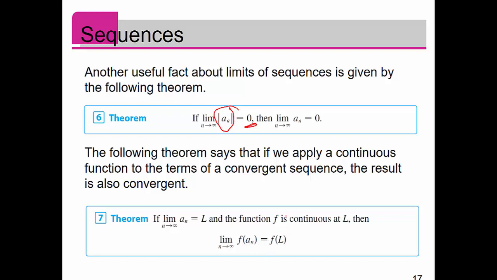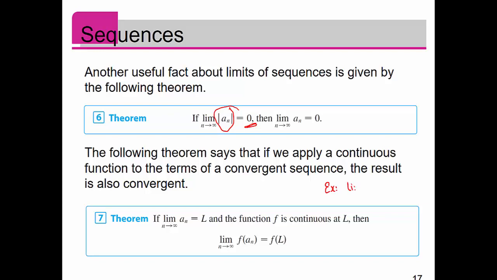Often the way we end up using this is, in investigating what the limit of a sequence is, if the function is continuous and defined for all real numbers, then we can play this game initially.